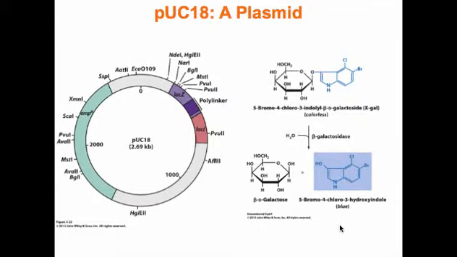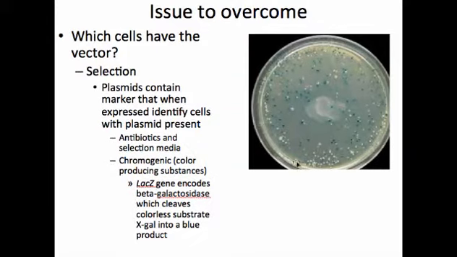Bacteria that have the plasmid present will have a blue color if they are plated on agar that contains X-gal. Here's an example so you can see it. Each of the little dots is a bacterial colony, and the thought is that each colony is arising from one bacterium, and that one bacterium passes on its genetic information to all of the cells in that colony.